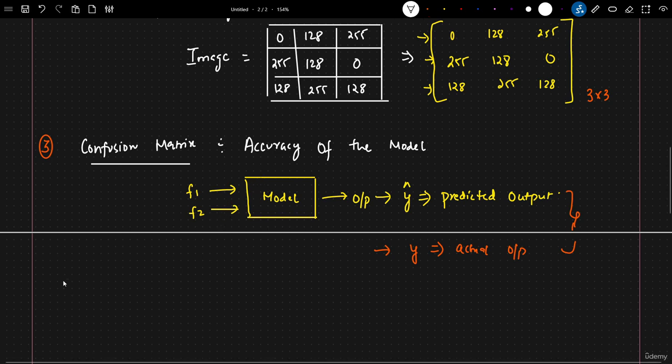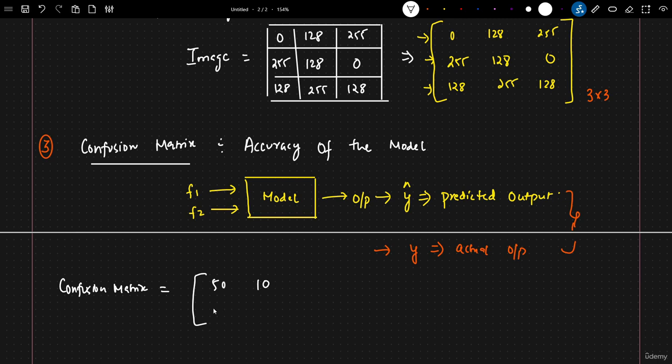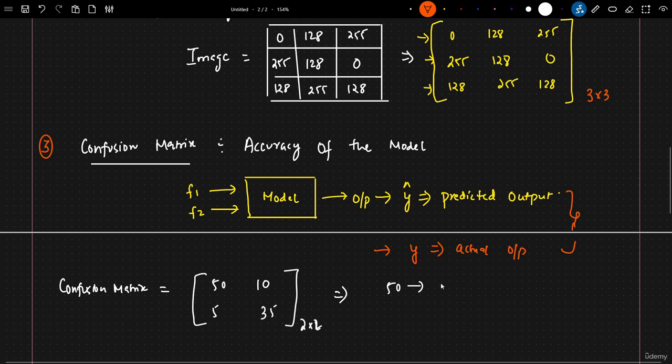So a confusion matrix is represented by a 2x2 matrix, which is represented by 50, 10, 5, 35. Let's say this is my confusion matrix that I'm getting, and this is a 2x2 matrix itself. Now this 50 that you will be seeing represents something called true positives.